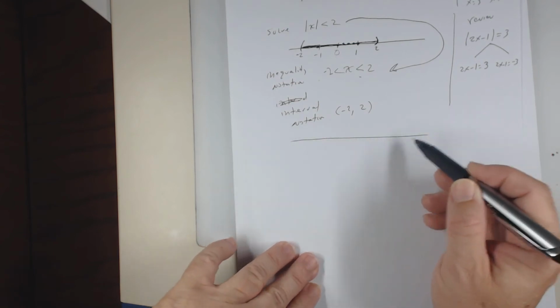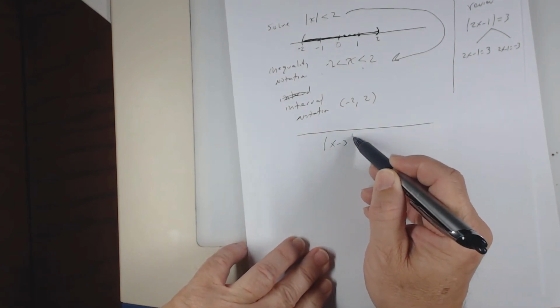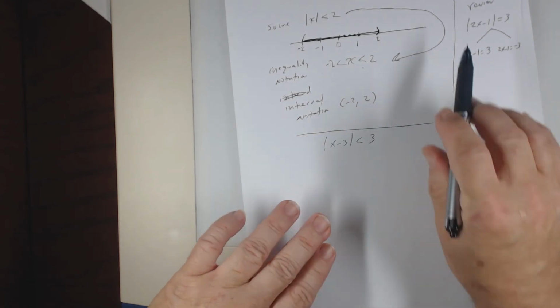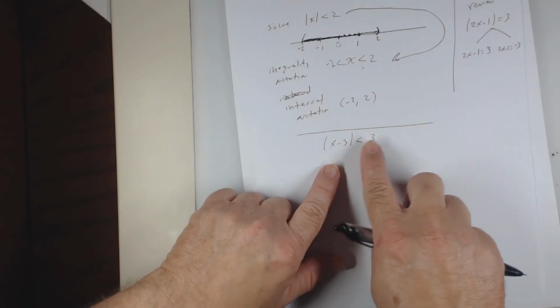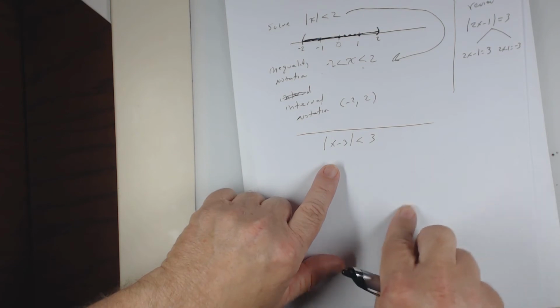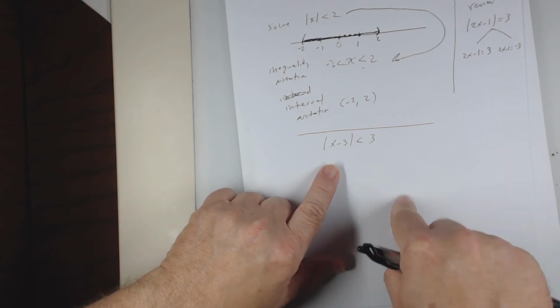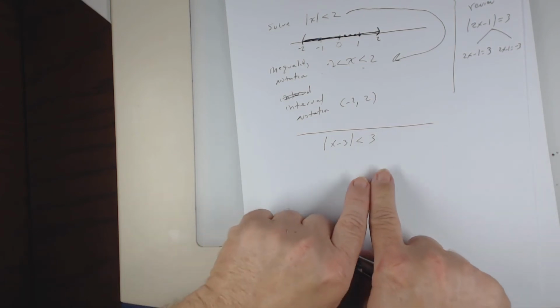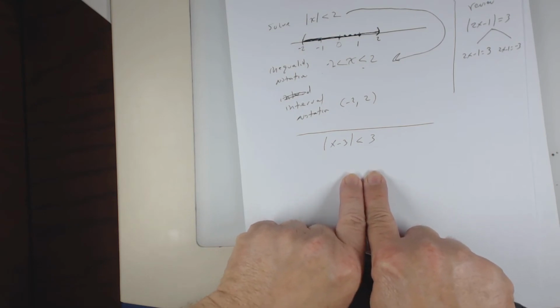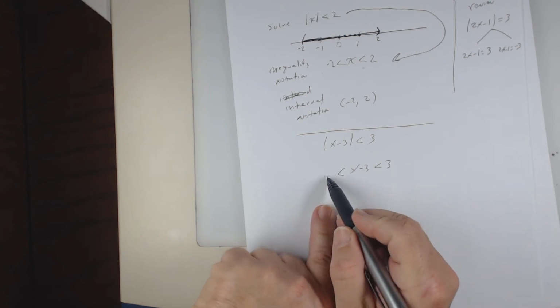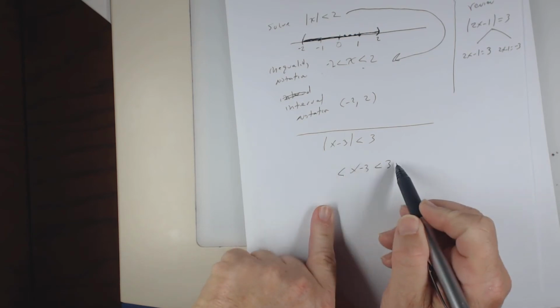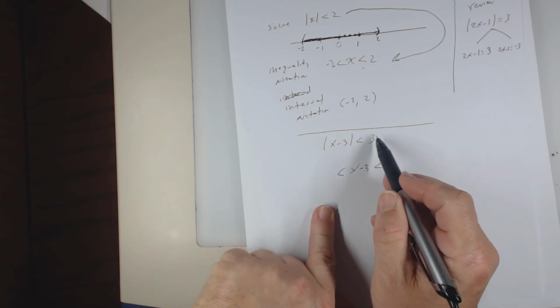So if I had this, don't make it difficult. Just put all this together. If you had this, remember absolute value less than, you're going to write it as what kind of statement? A compound statement. Okay? What's going to go in the middle? X minus 3 is less than 3, and it's also bigger than its what? All you do is take the opposite of this number, right?